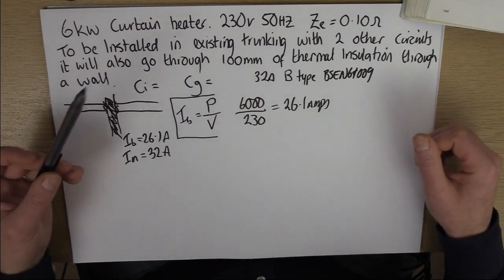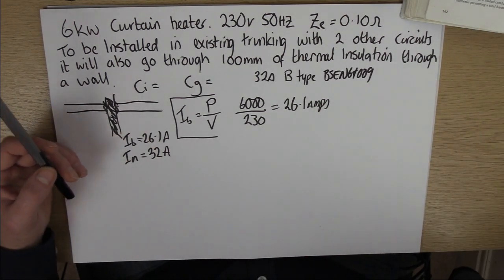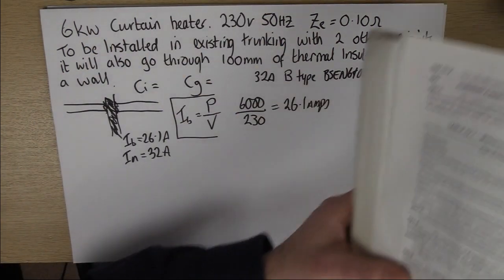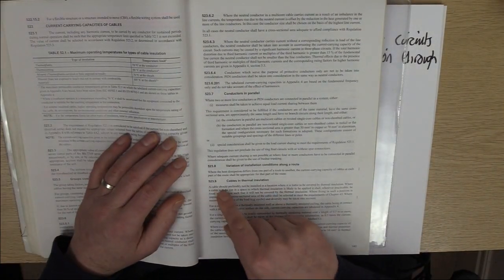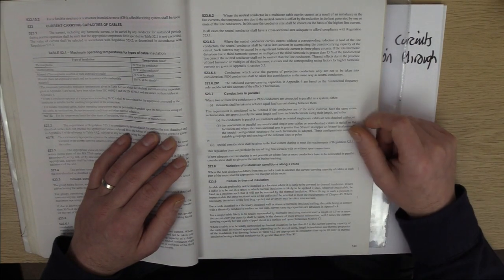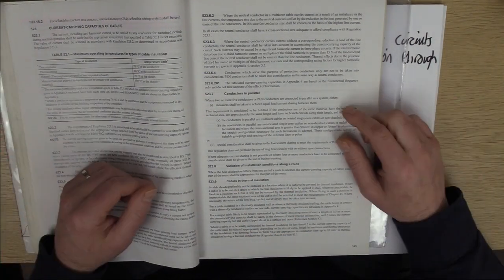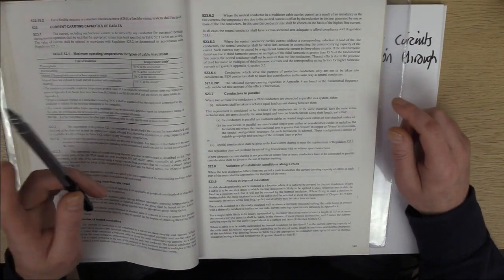Now it says essentially, if you read that section, so 523.9, a cable should preferably not be installed in a location where it's liable to be covered by thermal insulation. For obvious reasons really, it's going to suffocate, isn't it? It's going to not be able to breathe.